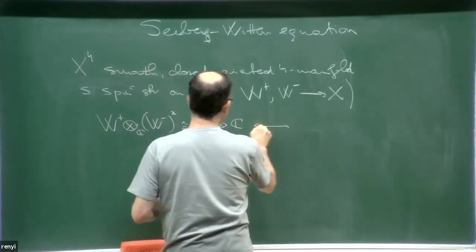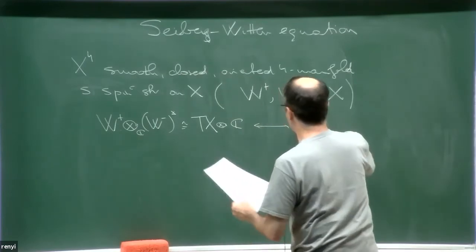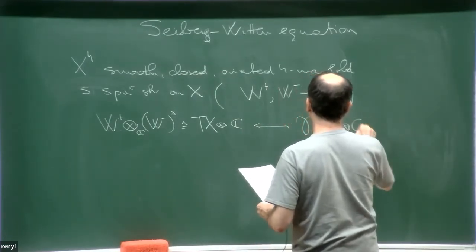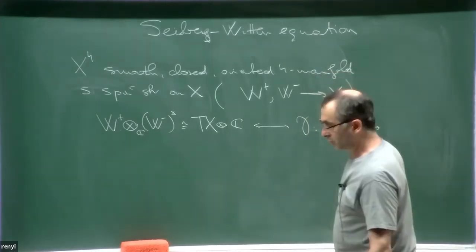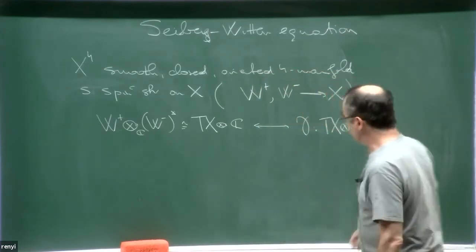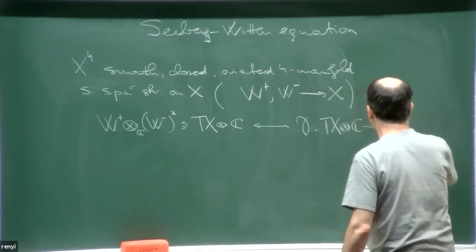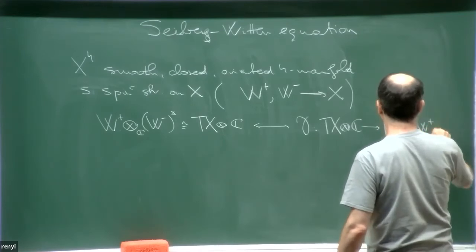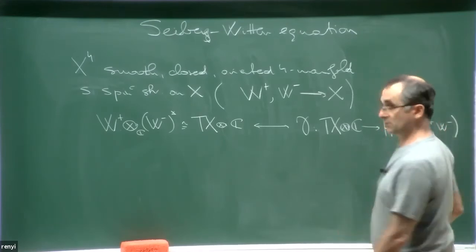We replace it by the fact that this just means that there is a map gamma from the complexified tangent bundle to this tensor product, which happens to be the same as the space of complex homomorphisms from W plus to W minus.